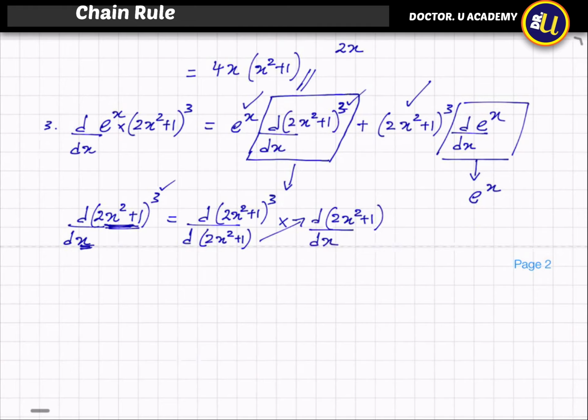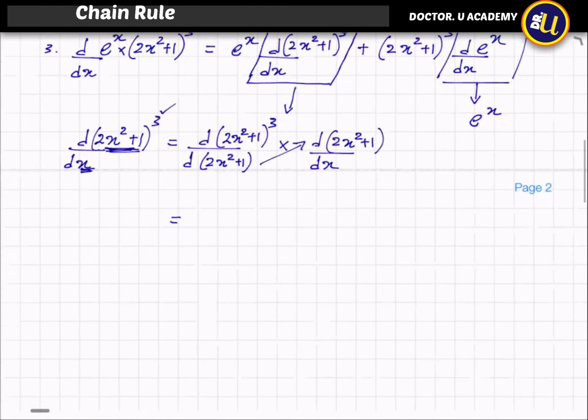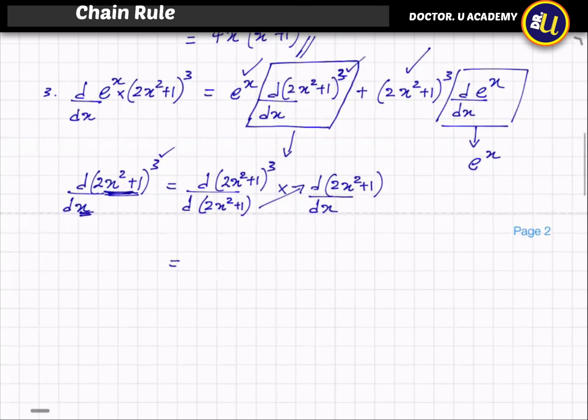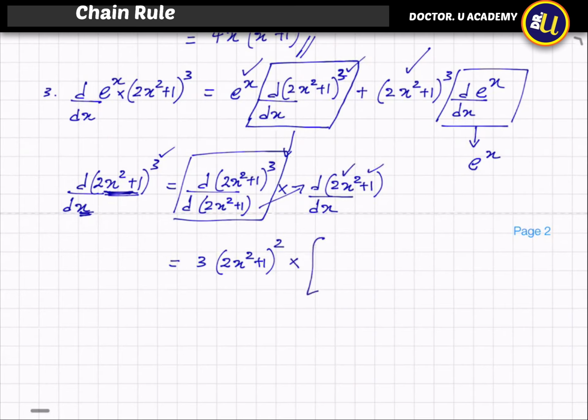So dx. Now here we will see the first term can be simplified using the knowledge of base case number 1. That would be 3 (2x squared plus 1), the whole thing to the power 2, multiplied with d/dx of 2x squared plus d/dx of 1.